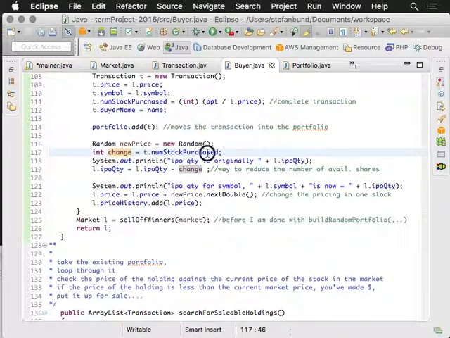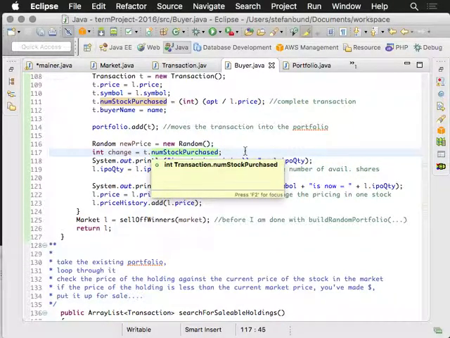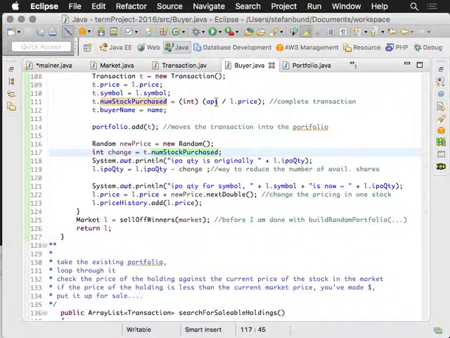And the change is simply the amount of stock that was purchased, which is just an integer: the allocated price per transaction divided by the current price. And that gives you an integer value, and that's the amount of stock that you end up purchasing. And that subtracts from the IPO. You start with a certain block of shares, then that IPO goes down after a certain amount of time. And so that IPO is shifted.